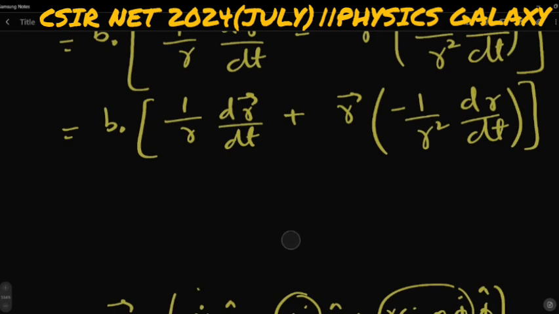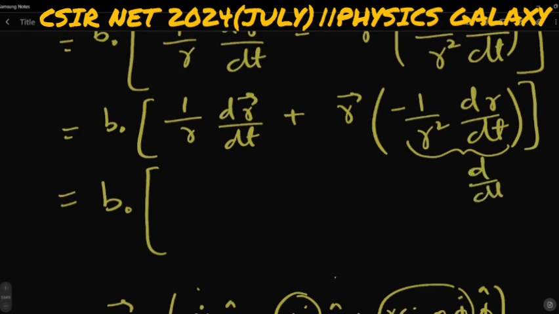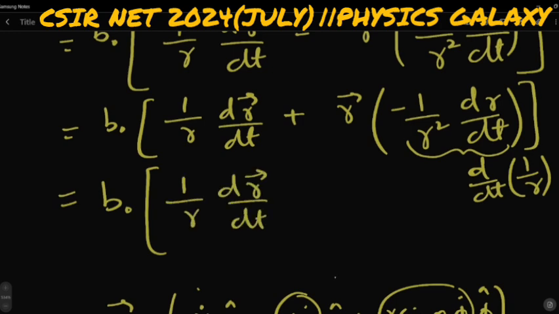Now look carefully here. This is B naught, then 1 over r dr vector by dt plus r vector, and this little expression can be written as d by dt of 1 over r, because d by dt of 1 over r becomes minus 1 over r square times dr by dt. So it looks like dr vector by dt plus r vector d by dt of 1 over r.